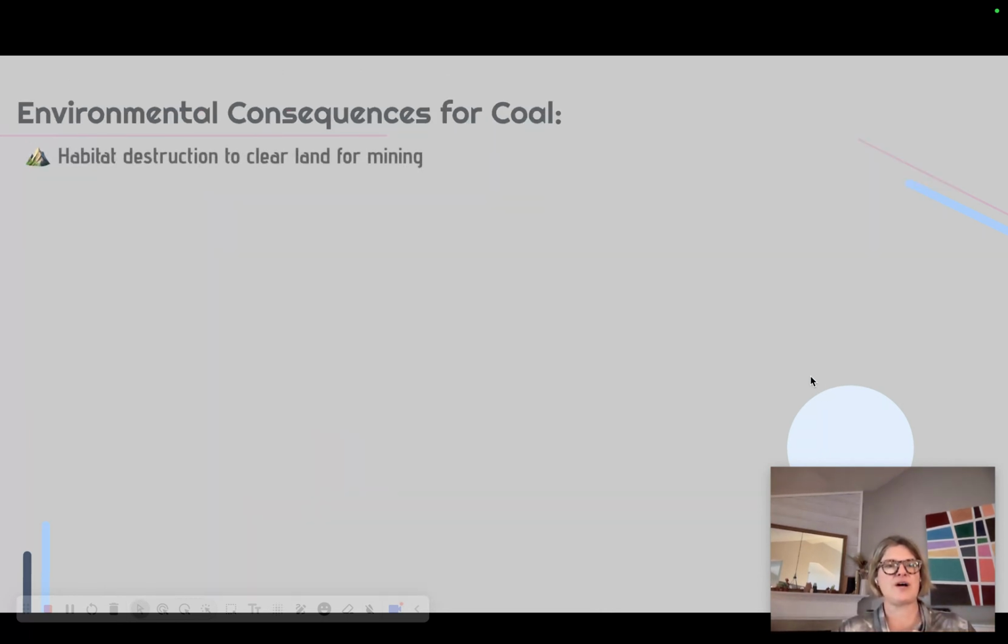So, what are the environmental consequences for coal specifically? First of all, there's a lot of habitat destruction that goes into clearing the land for mining. It also produces a lot of pollutants. We saw a chart earlier that compared it to oil and natural gas, and it releases a lot of CO2 into the atmosphere. So, a lot of greenhouse gases are going into the atmosphere.